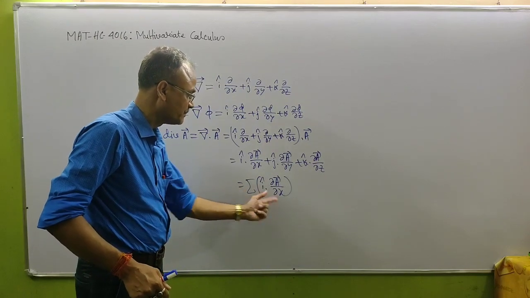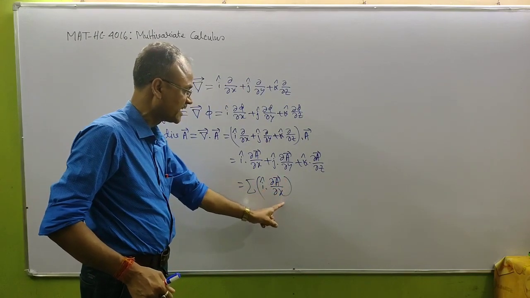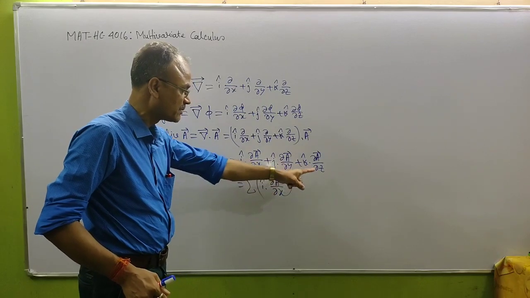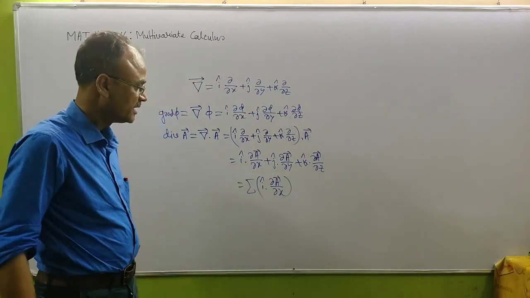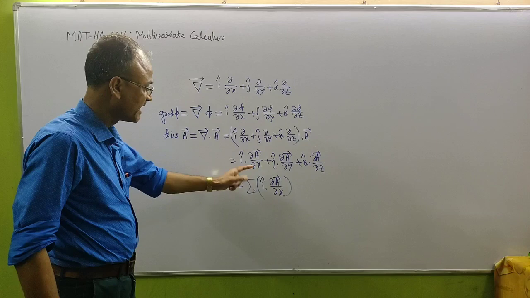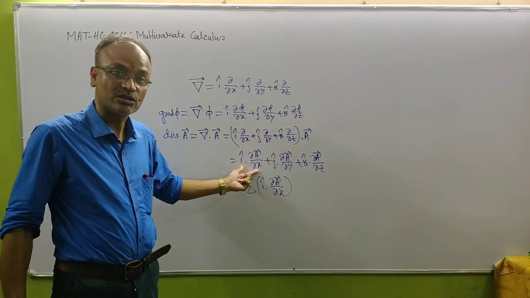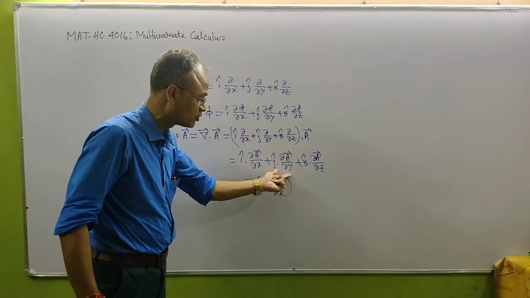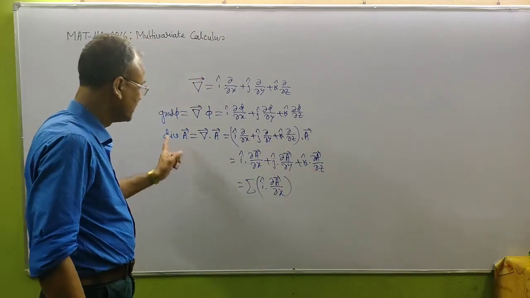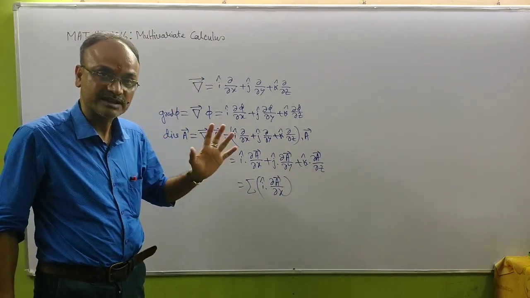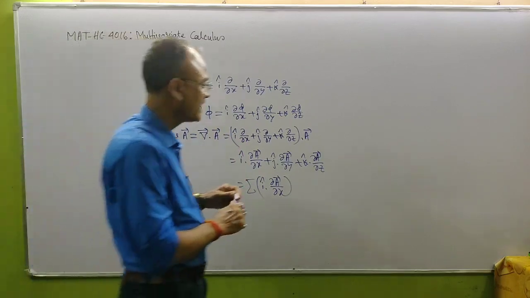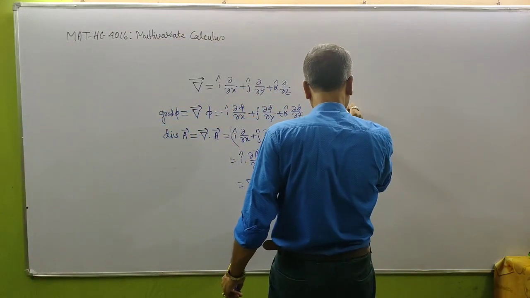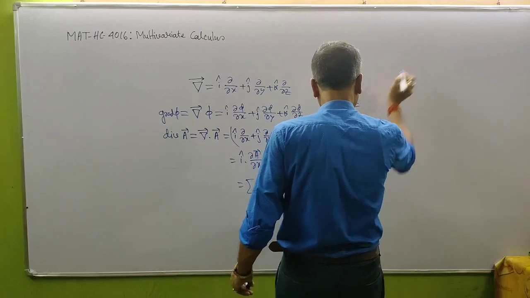Summation of this means i cap dot ∂A/∂x plus j cap dot ∂A/∂y and so on. And you see that the dot product of two vectors is a scalar quantity. Divergence of a vector function is a scalar point function. And also curl. What is curl?